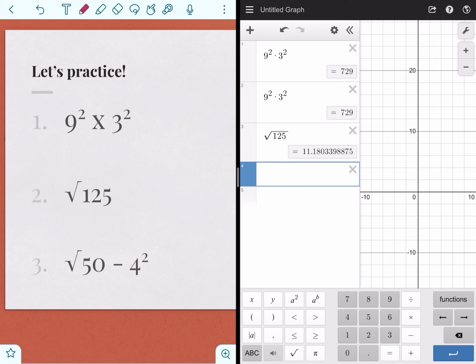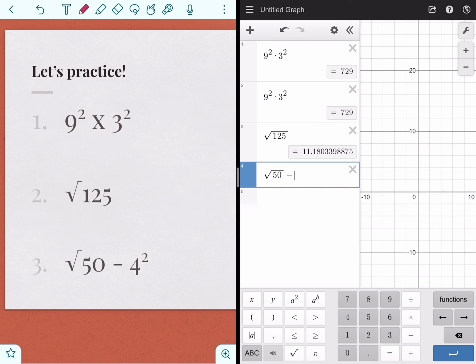Number 3, we have square root of 50, and then you're going to subtract 4 squared. If you press minus, you see that the minus symbol is inside the square root button. We don't want that, so we need to come out of the square root symbol, which you can do with the arrow button to the right, or you could just shift your cursor by pressing on the right of the square root button.